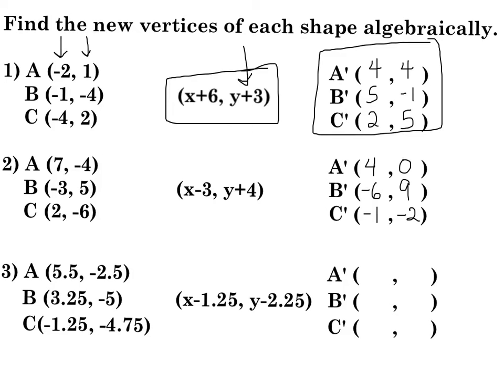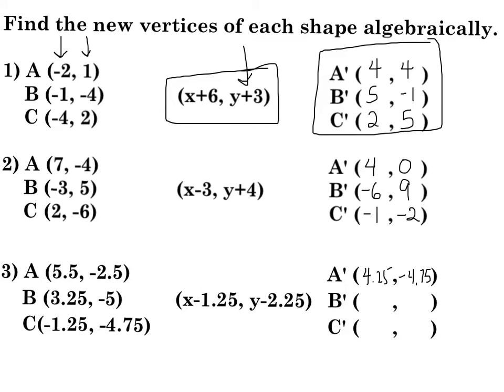Let's go ahead and check number 3. Little more difficult because we have decimals, but you should be using a calculator, or you can use your paper and pencil because you're very good at adding and subtracting decimals. Okay, so for point A, we have 5.5 minus 1.25. That's 4.25. And -2.5 minus 2.25 is -4.75.